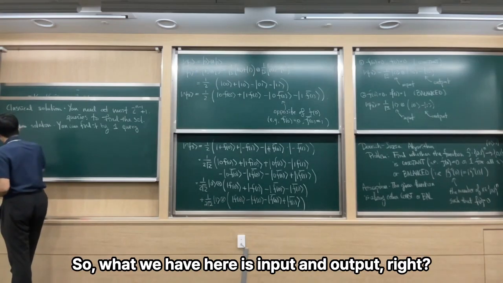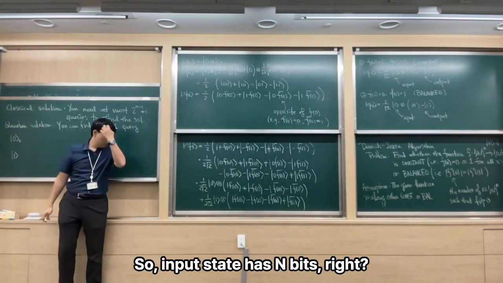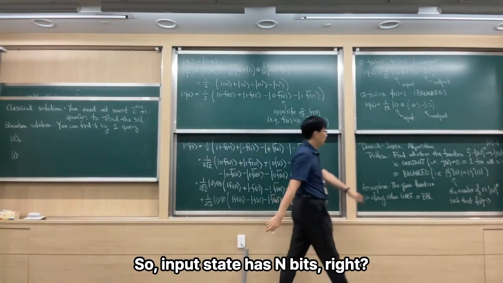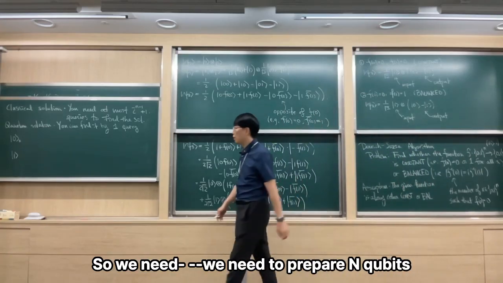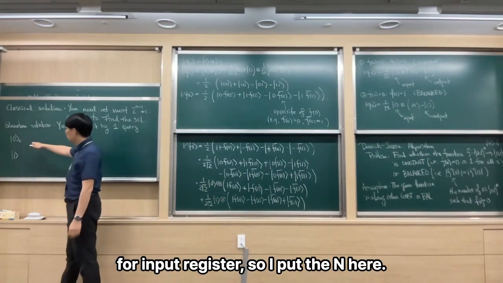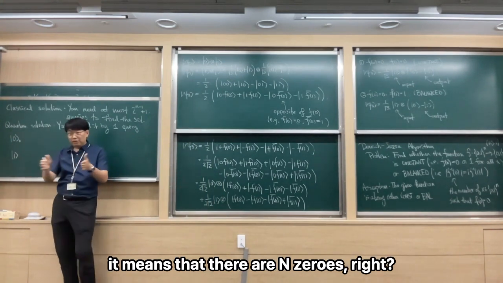So what we have here is input and output, right? The input state has n bits, so we need to prepare n qubits for the input register. So I put the n here. When I put 0, it means that there are n zeros.